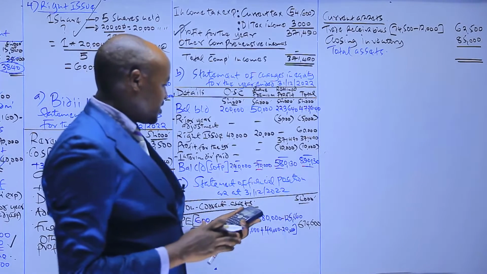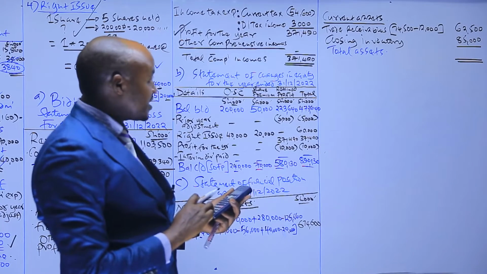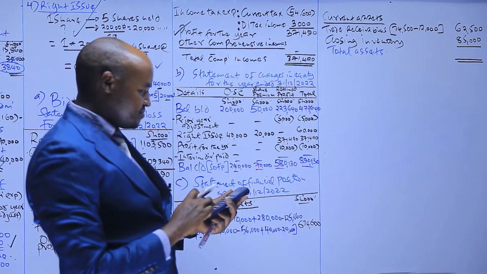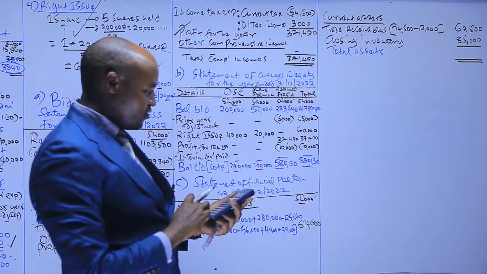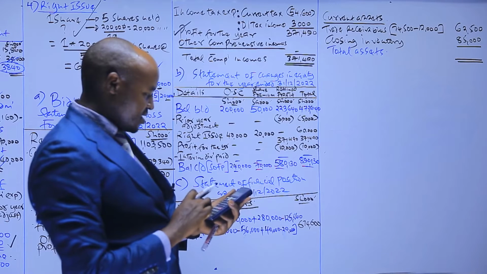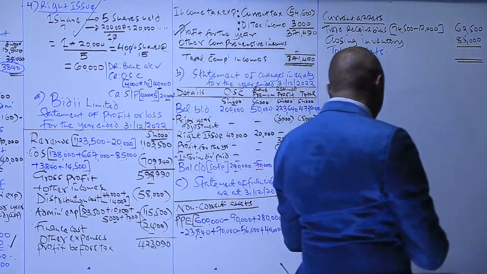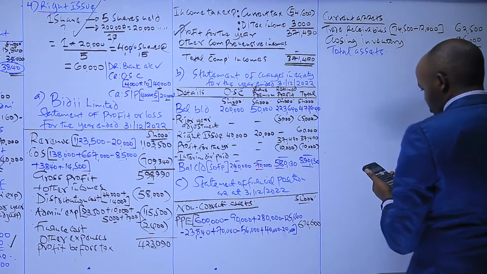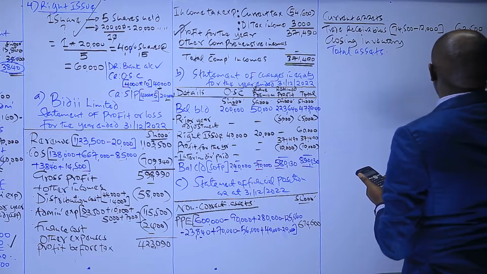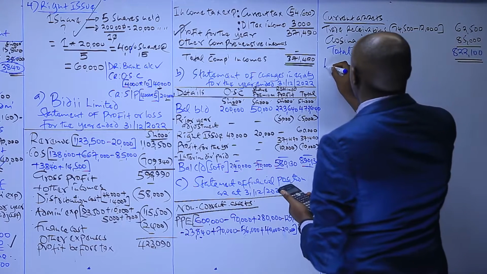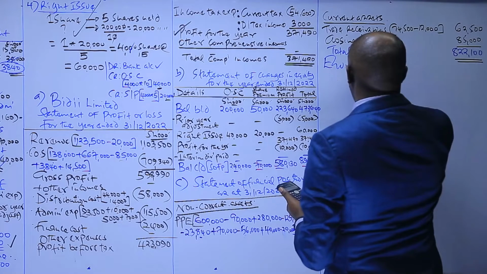So we have 674,600 plus 62,500 plus 85,000. So that will give us total assets of 822,100. And then from there, we proceed and record what?